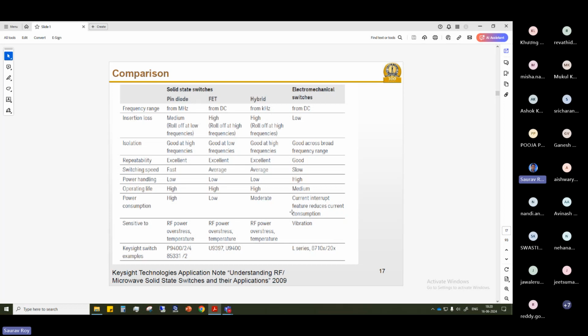Okay, so mostly pin diode works very fine, and if you want to use it for very low power consumption, then you may have to go to FET switches and all. But generally, the size matters. If you have, let's say, a millimeter wave switch circuit or terahertz, then obviously you cannot use them. Then you have to go to, let's say, IC or these MEMS switches. Okay. But otherwise, in our microwave, they work just fine.